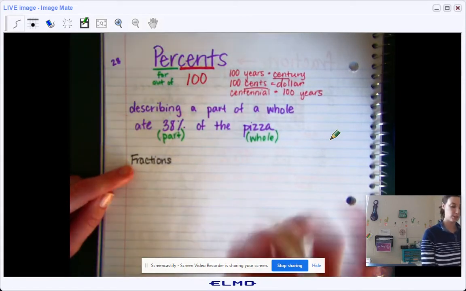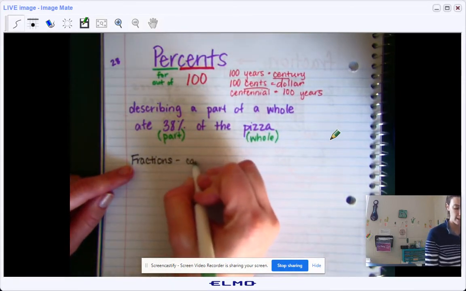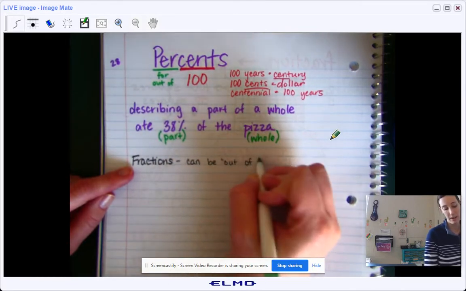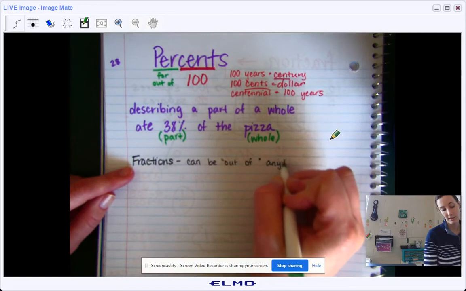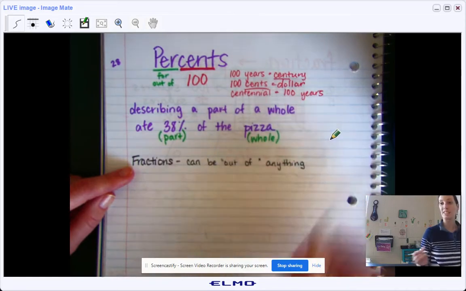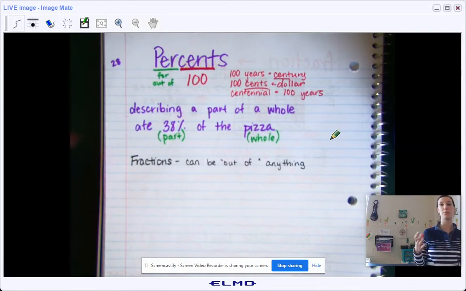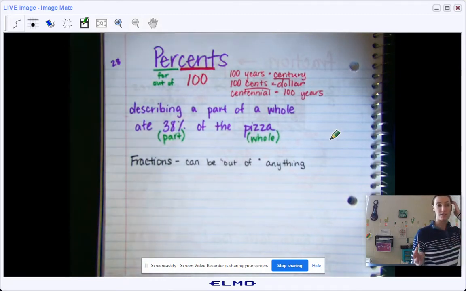Now, a fraction can be out of anything. So the number on the bottom doesn't have to be 100. But a percent is always out of 100. Kind of like how we use unit rates to be able to compare one of something so we can figure out the better deal, percents allow us to take fractions that might have different denominators and compare them evenly.